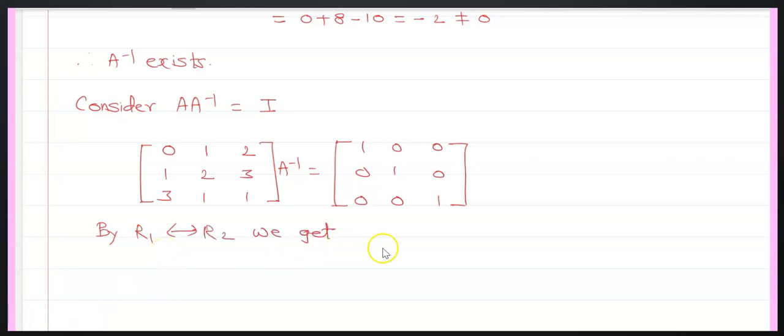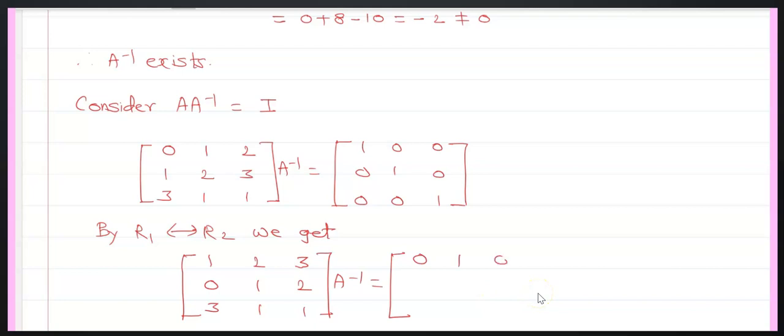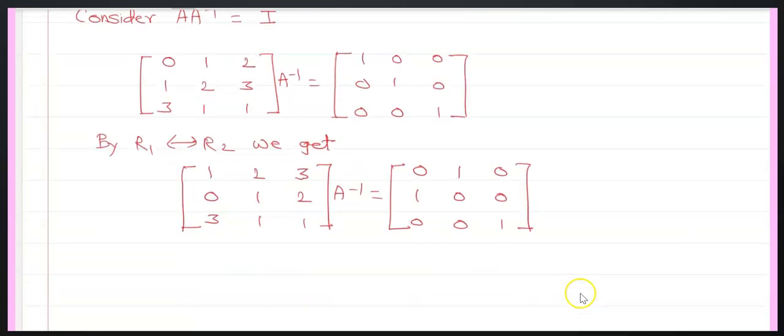At R12 we get 1, 2, 3, 0, 1, 2, 3, 1, 1. A inverse is equal to 0, 1, 0, 1, 0, 0, 0, 0, 1. Therefore, next is to make this 3 as 0.